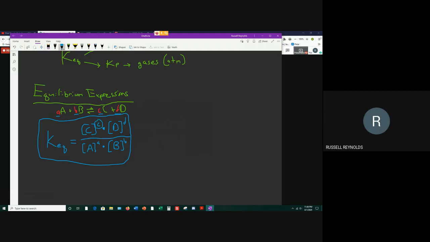These exponents that I've just circled, like C, are going to come from the coefficient in front of each compound. So this C that I've just circled matches up with this C here, and so on and so forth. This D comes from that D, etc.